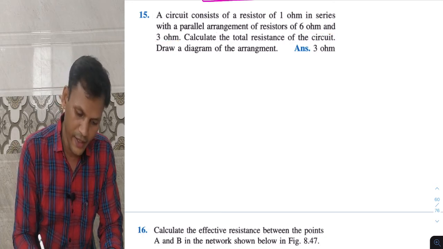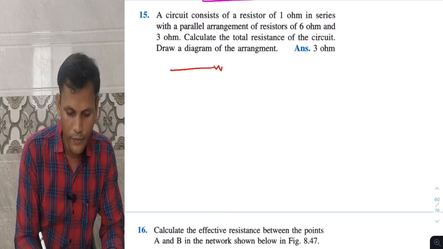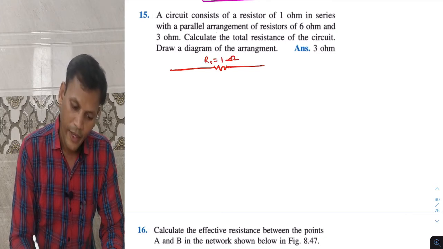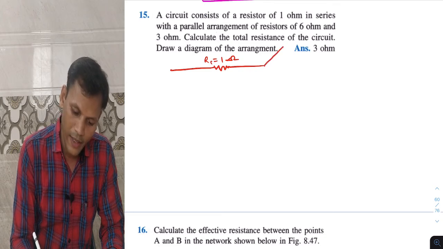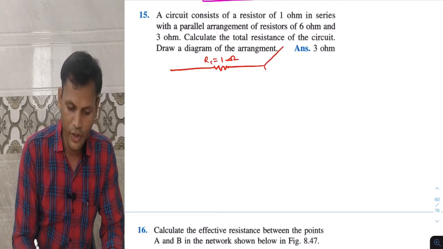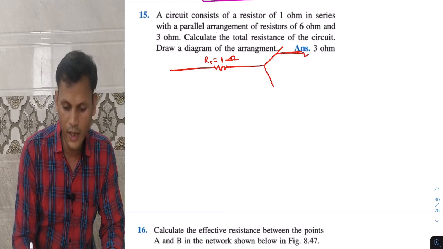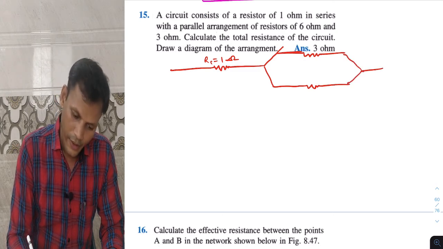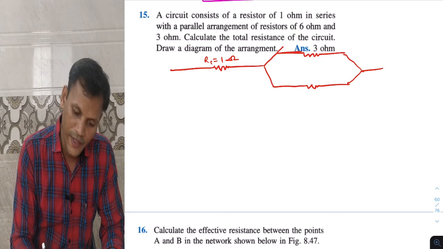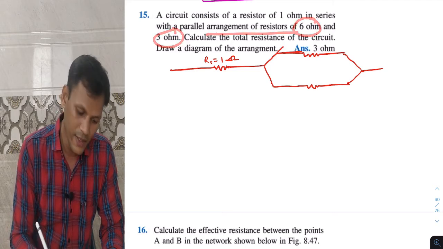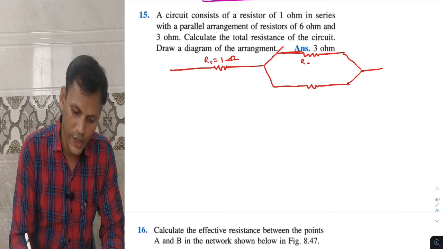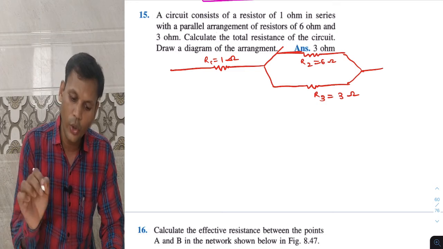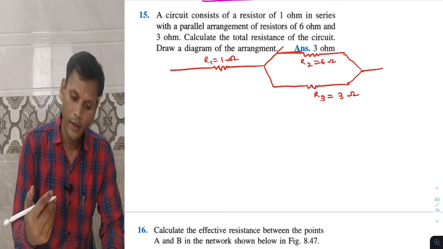So what they are telling, resistor of 1 ohm, R1 I will say, 1 ohm is with the parallel combination of, so I will say this is R1, this is R2, and parallel arrangement of 6 ohm and 3 ohm. This I will say R2 as 6 ohm and R3 I will say as 3 ohm. Calculate the total resistance of the circuit diagram.